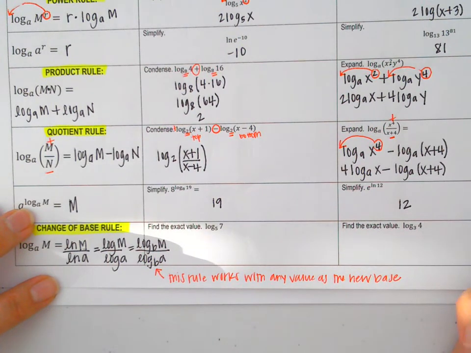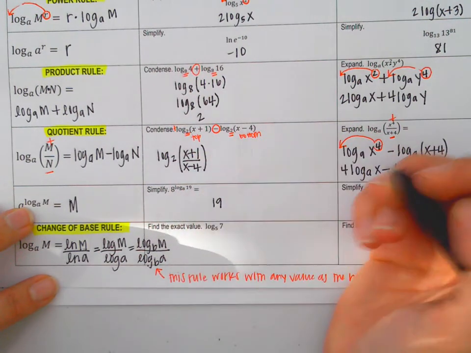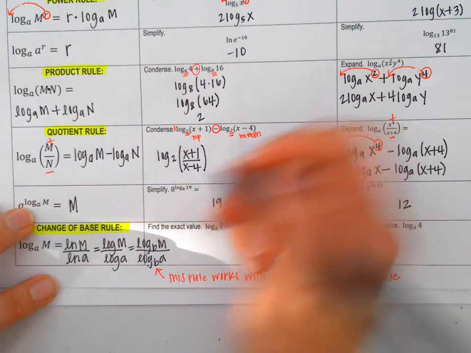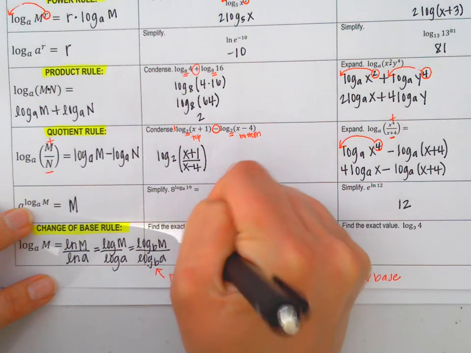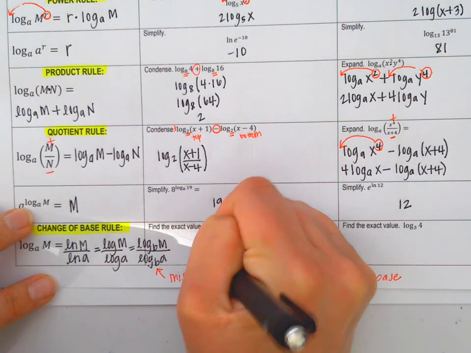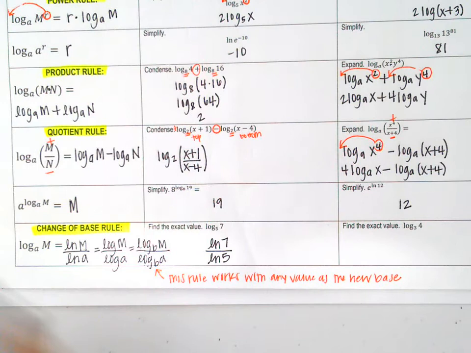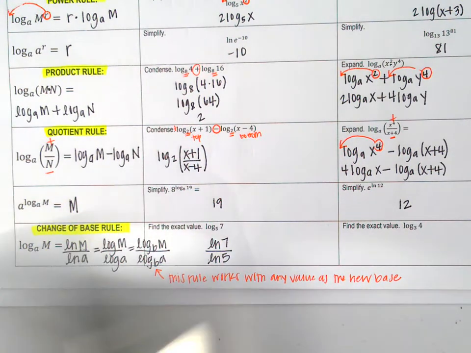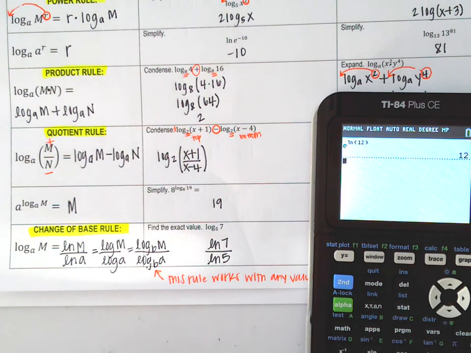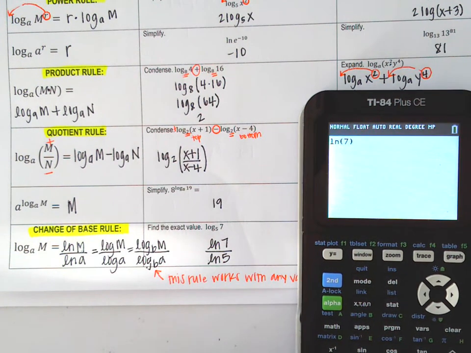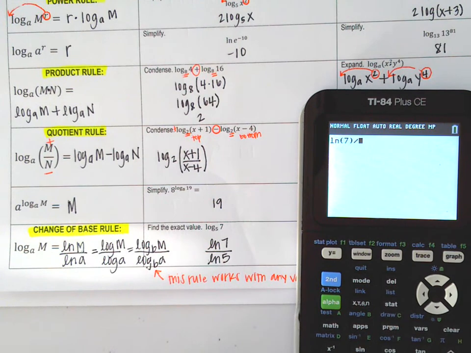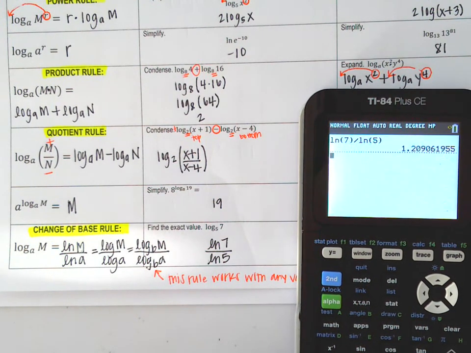Yep, it's laziness. So again, we drop the base. 5 goes to the denominator. So it would be ln of 7 over ln of 5. So I can do that on my calculator to get the exact value. So ln of 7, and my parentheses, because if you don't, it's assuming that you're dividing within the argument. So ln of 7 divided by ln of 5, and that gets me 1.2091 rounded.